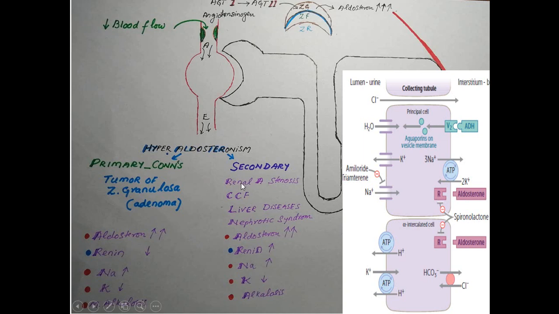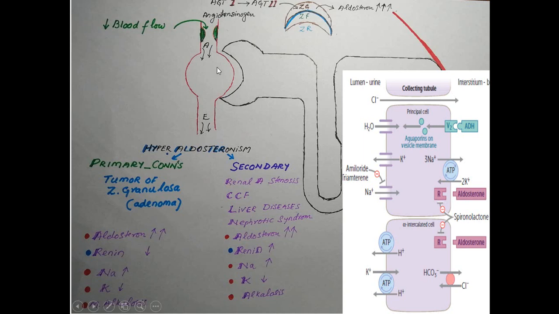For example, if there is a renal artery stenosis, definitely blood will move less over here, and again the process of renin, angiotensinogen, angiotensin 1, 2 is going to repeat. Now, congestive cardiac failure, that is your heart is not pumping enough blood to the kidney.